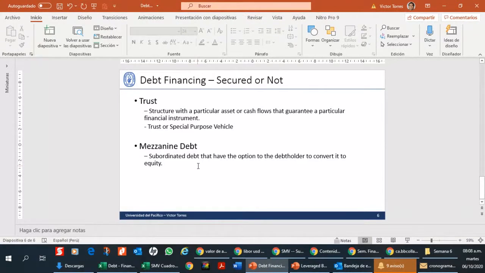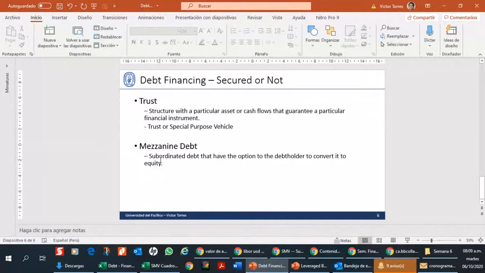If you want to think about relative subordination, you have the secured debt, you have the trust, then you have the non-secured debt, and below them you have the mezzanine debt. And the mezzanine debt is usually a subordinated debt that has a particular characteristic.